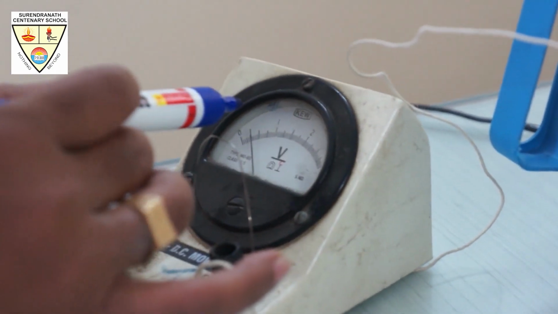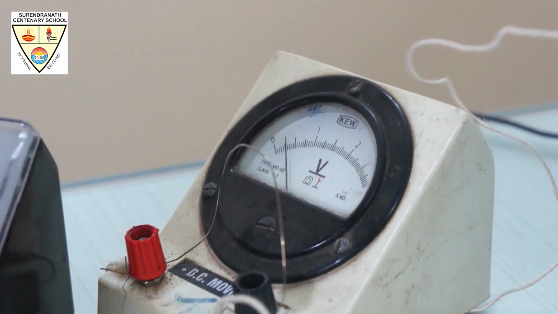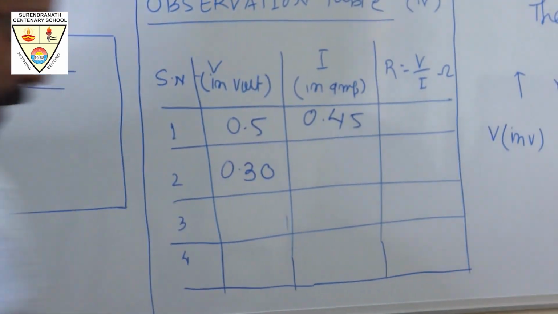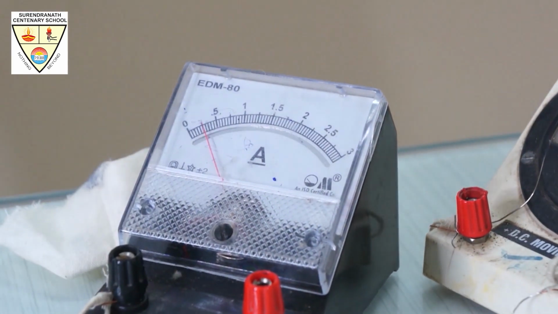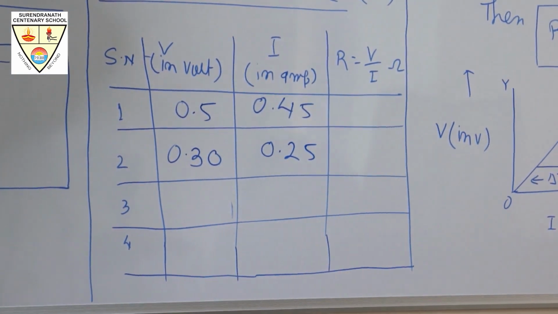Now in this case we are seeing that the voltage is around 0.3 and the current is 0.25. Take a few more readings.